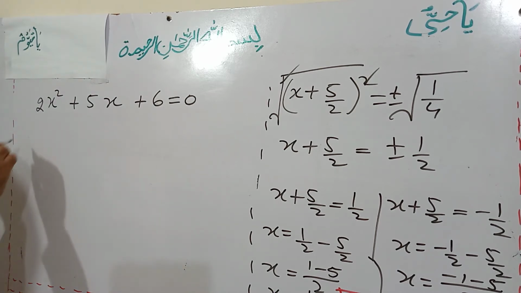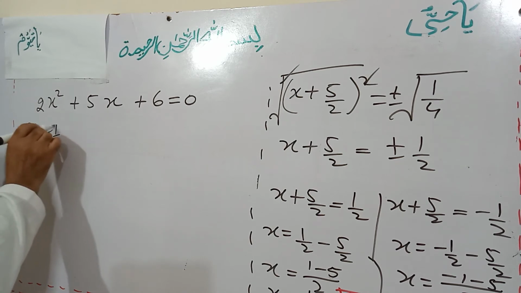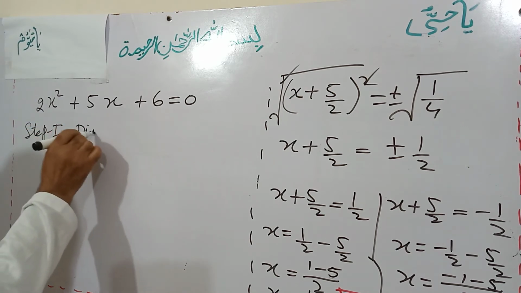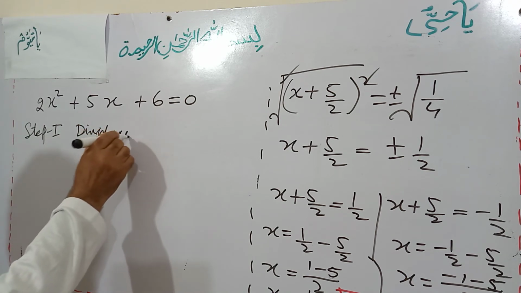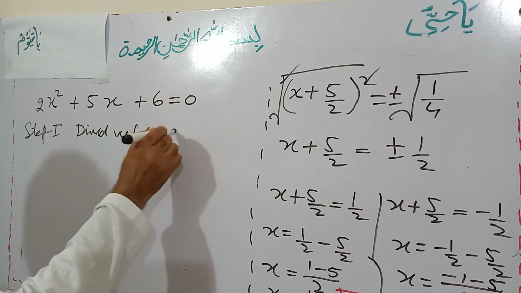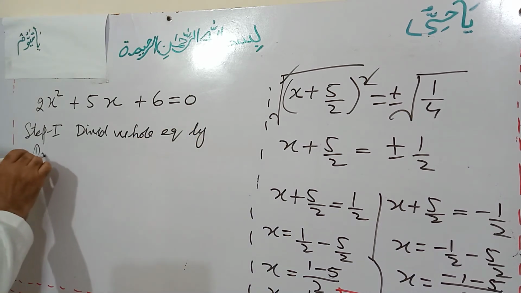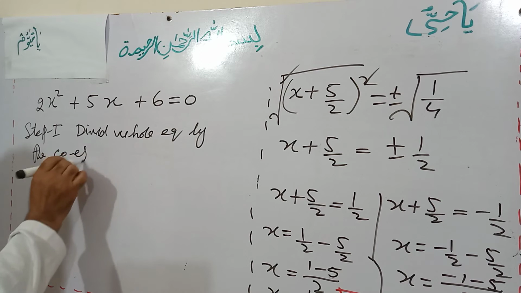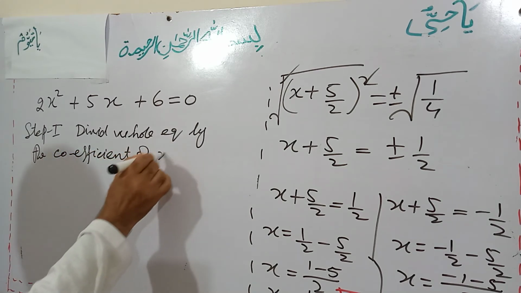Step 1. Divide the whole equation by the coefficient of x square.